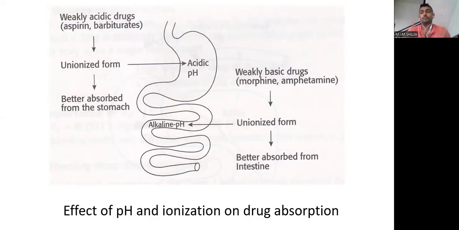So you should know weakly acidic drugs are better absorbed at the stomach. Why? Because the stomach has acidic pH. So weakly acidic drugs are unionized at acidic pH. When it is unionized, that means it is lipid soluble, so it can traverse through the cell membrane.